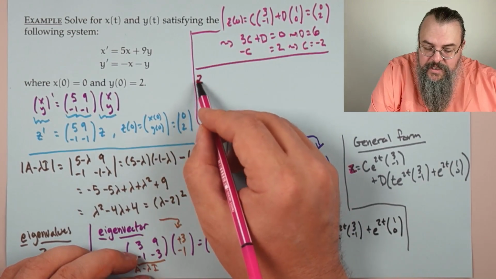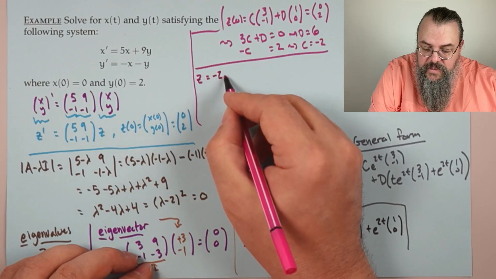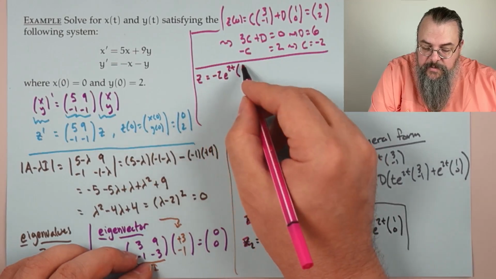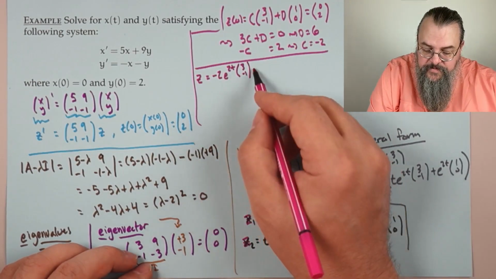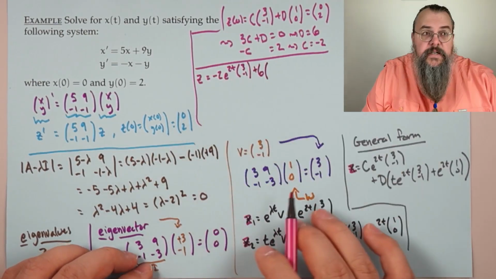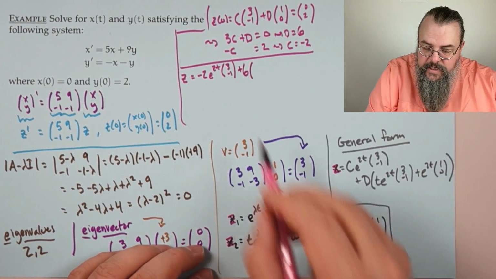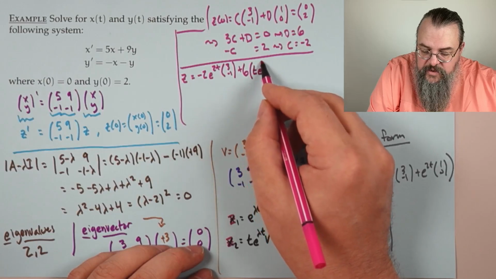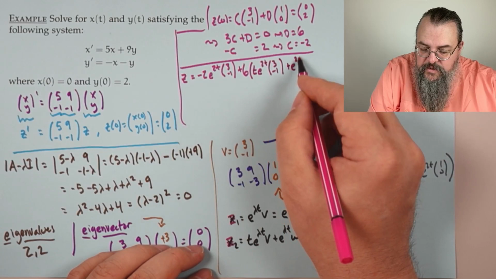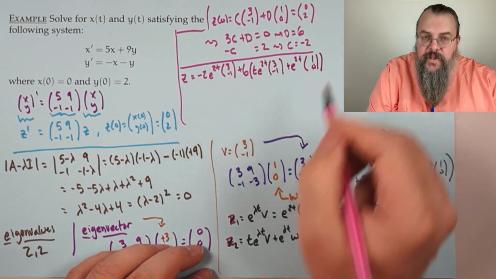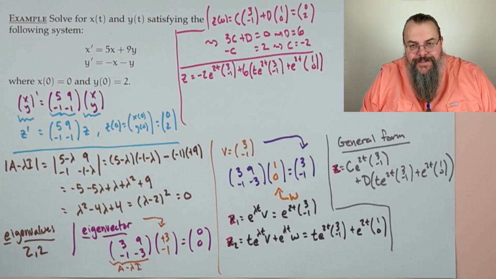Namely, z is equal to minus 2 e to the 2t times (3, -1), and then plus 6, and I'm going to have to move this over to squeeze it in. All right, 6, we have our t e to the 2t (3, -1), plus e to the 2t (1, 0). All right. Whew. But we're not done.